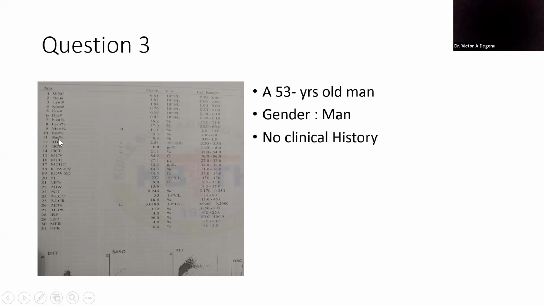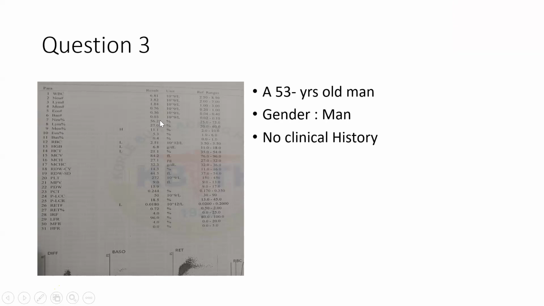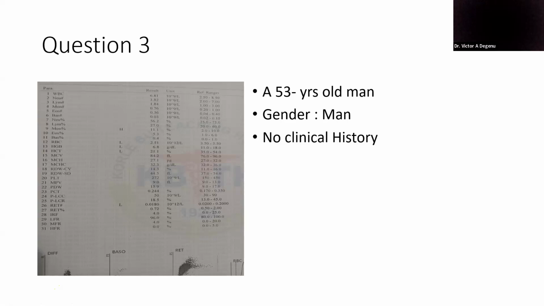The percentage of the monocyte is 11.1, with regards to a total WBC of 6.81. So the increase is relative to the total count.